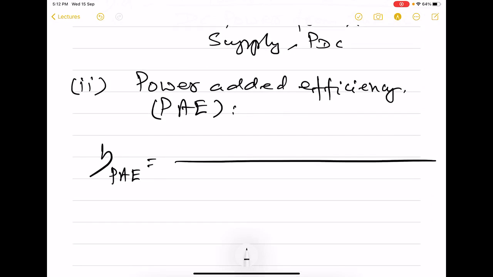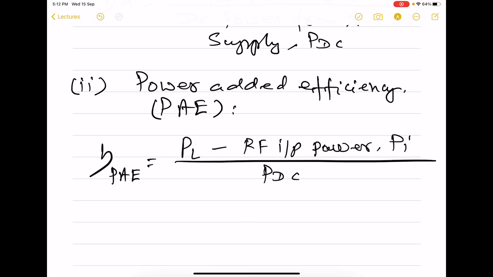So what it says is to find out the RF power to the load, from it subtract the RF input power, that is PI, and then of course divide by DC power. So this will give a clearer idea of how much RF power the amplifier is creating.